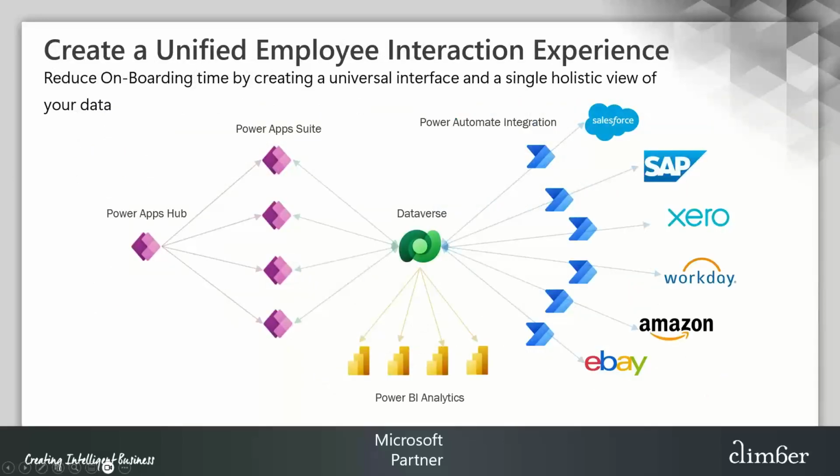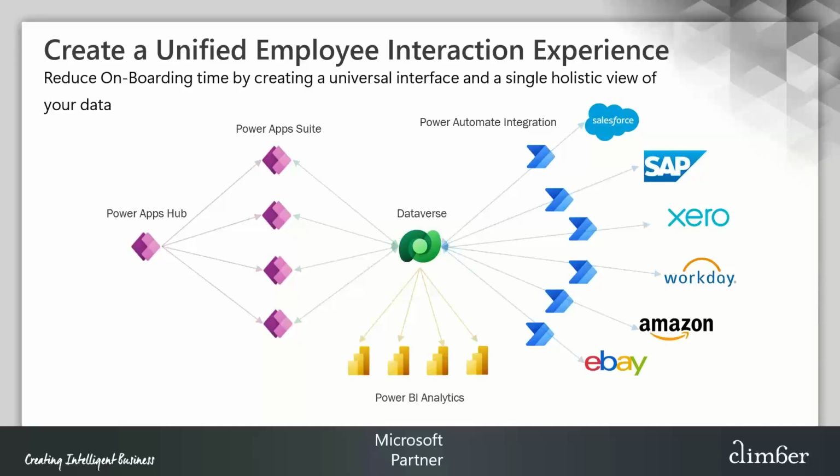And then creating a unified employee interaction experience. We'll see this in the demo, but we can create a Power App suite. So instead of an employee coming on board and then going into an LMS system and doing training or shadowing somebody to do training on all the different core systems that exist within a business, we can create a Power App suite where the look and feel and the interaction is all very familiar between one app and the other.